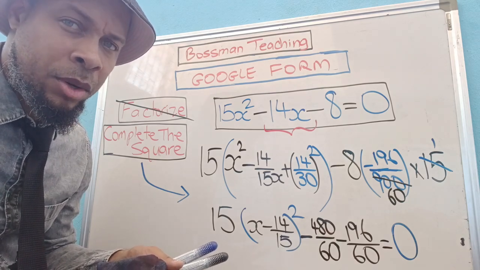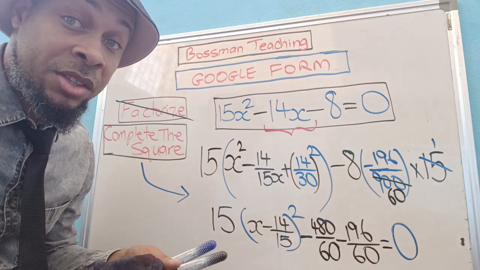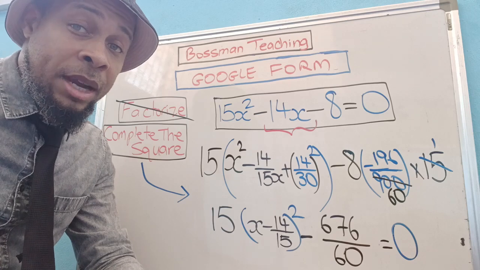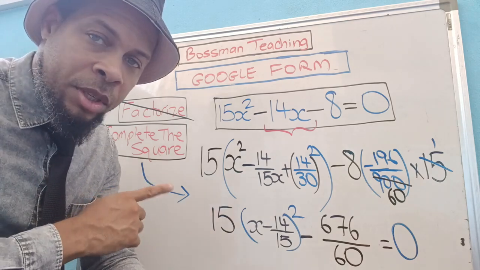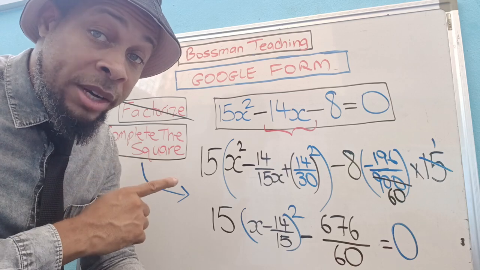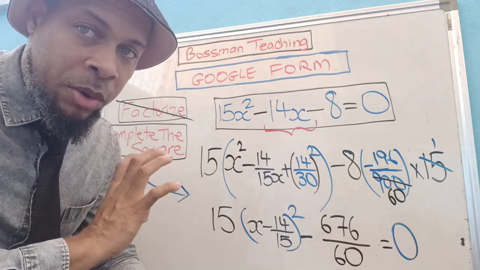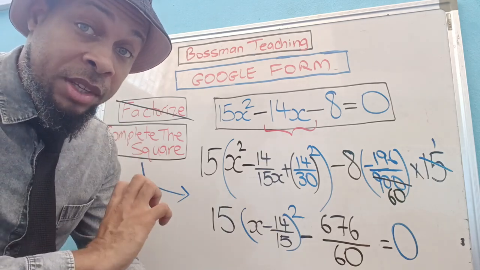Now, here's what's beautiful. 480 plus 196 is going to give us 676. The reason why this is nice is because the numerator and the denominator of that fraction need to be something you can square root, or rather a perfect square.